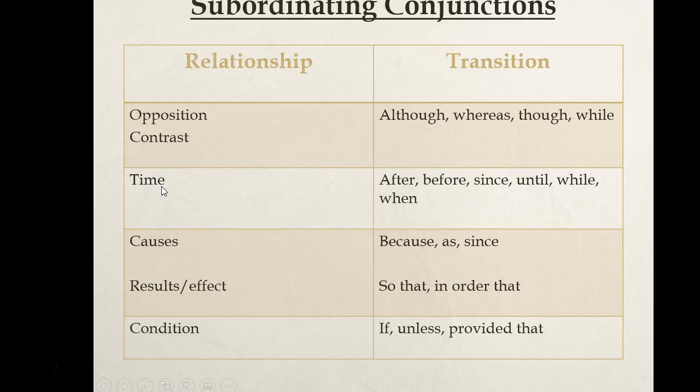Some time subordinating conjunctions are after, before, since, until, while, and when. Now, some subordinating conjunctions that show causes are because, as, and since. And results are so that or in order that. And ones that show condition are if, unless, and provided that.